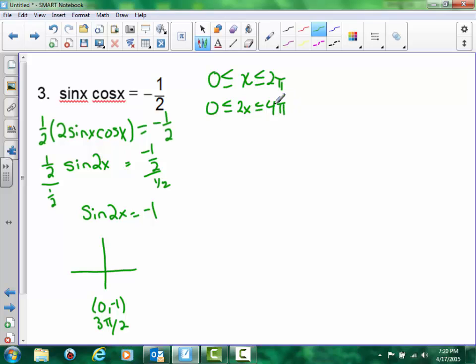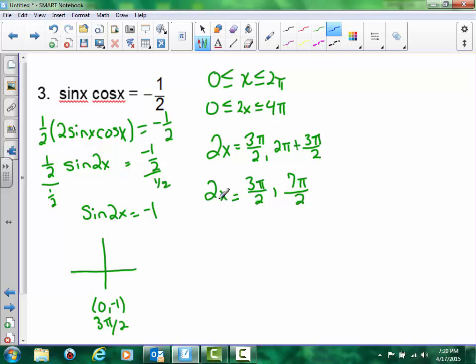Then I know that 2x will occur at 3 pi over 2 and 2 pi plus 3 pi over 2, which would be 7 pi over 2.